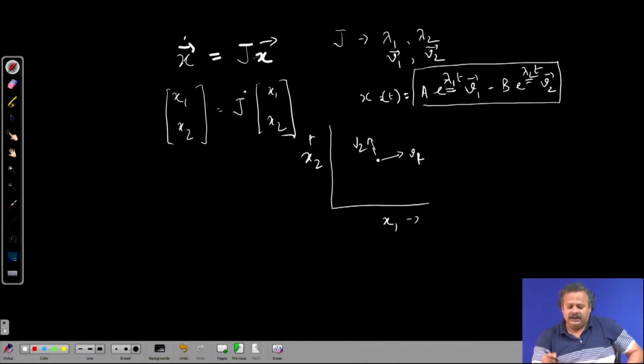So, obviously, if our lambda 1 and lambda 2 are less than 0, when we say less than 0, we are already implying that lambda 1 and lambda 2 are real.